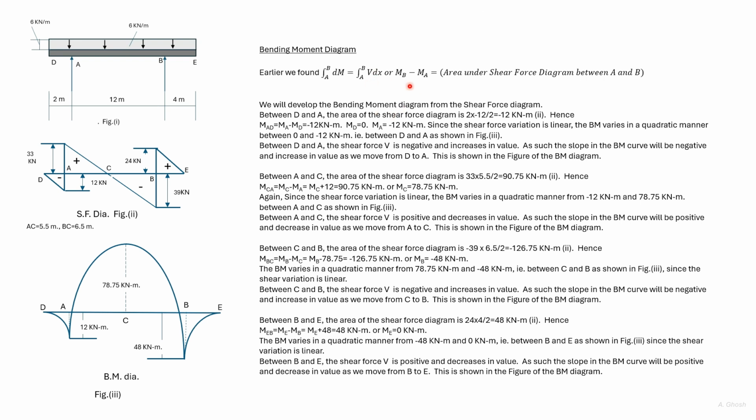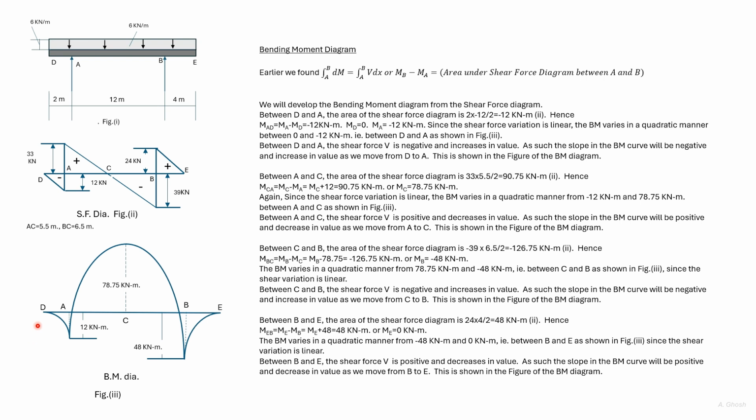Using this formula, we get MAD is equal to MA minus MD is equal to minus 12. Now MD here is 0. So we get MA is equal to minus 12 kilonewton meter. So we have plotted MA as minus 12 kilonewton meter.